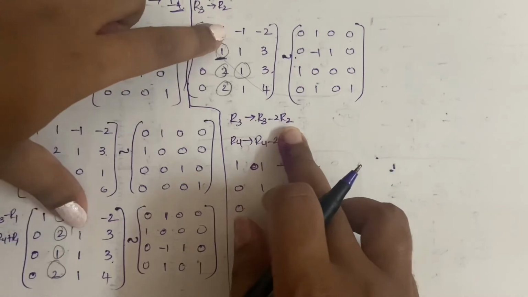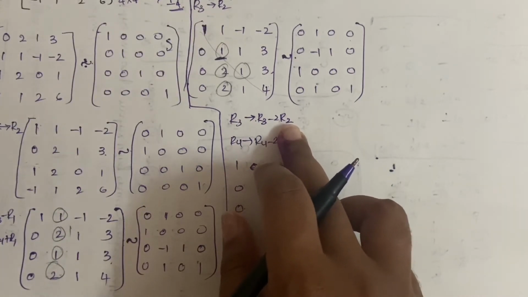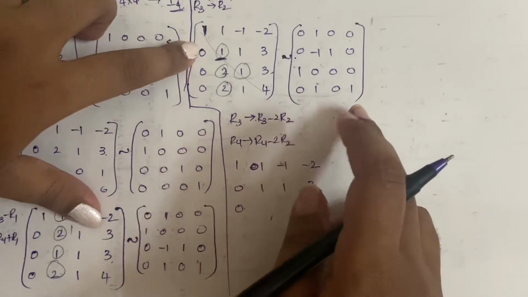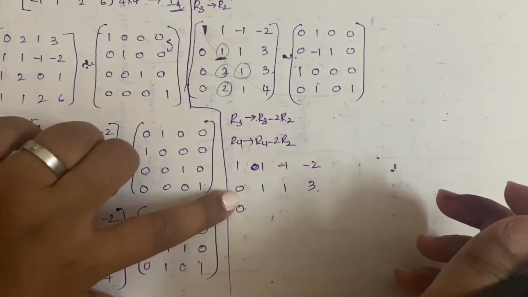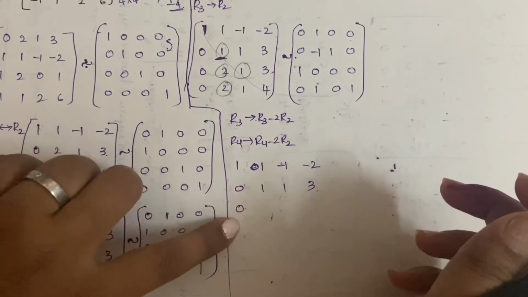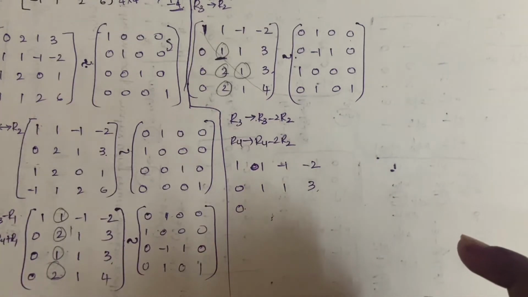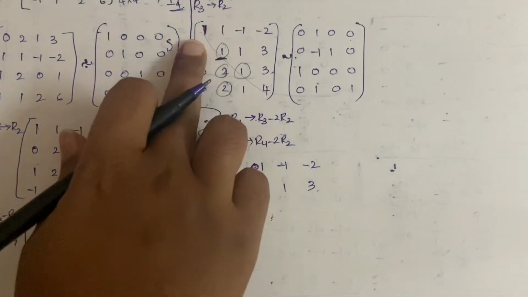Here R1 is also having 1, right? If you take R1 here, 0 minus 2 into 1 will become minus 2. So you will get minus 2 here. This will disturb, we already got 3 zeros here. That should not happen. That is why we are taking R2, because in R2 we are having zeros.